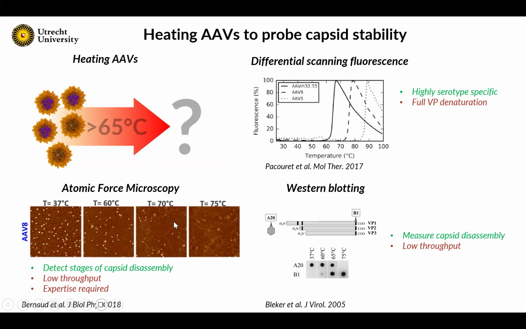And even if you go to a higher temperature, here at 75 degrees, then there's no capsid anymore visible. It's just the released transgenes that you can see. Using this, you can really follow the stages of capsid disassembly. However, again, it may not be that suitable for a high throughput way of working. And also perhaps you need some knowledge about working with AFM in order to do this.